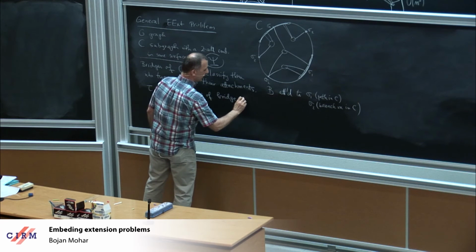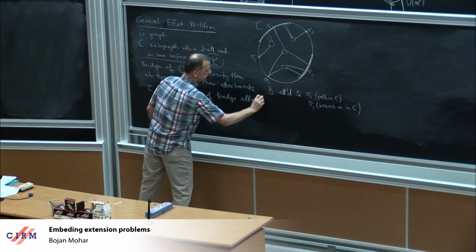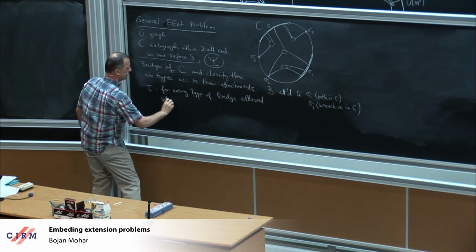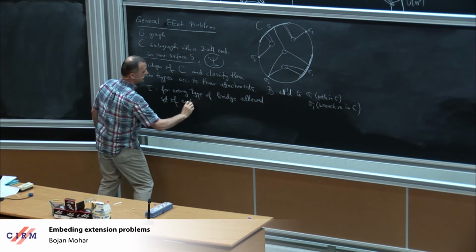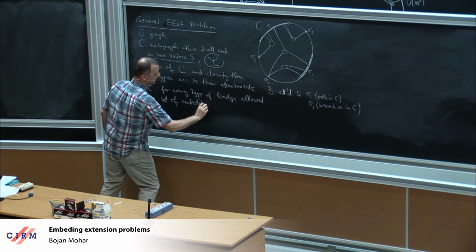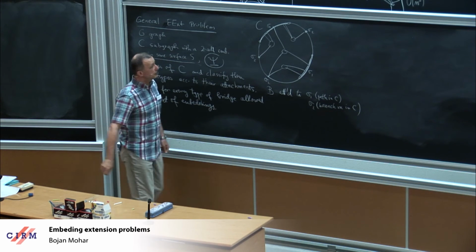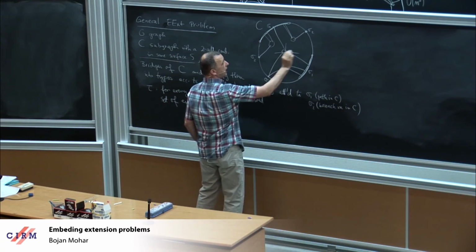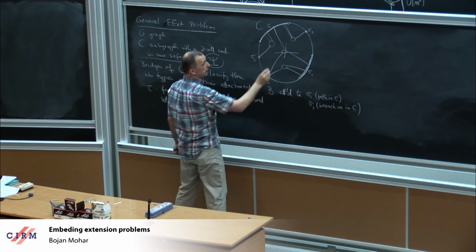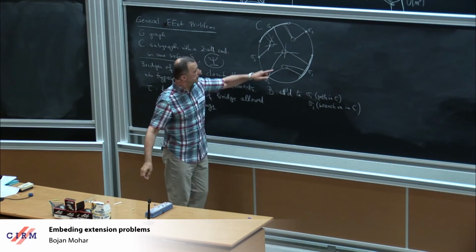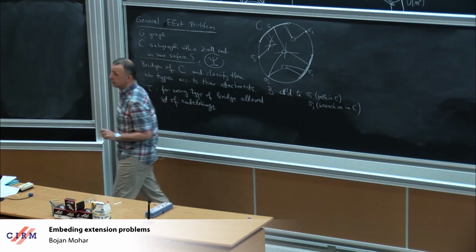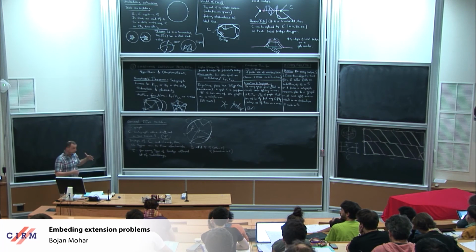We have an allowed set of embeddings. Maybe we don't want to allow this kind of embedding, and we don't want to allow this kind of embedding, but allow this one and this one, for instance. So that's data for the embedding extension problem.